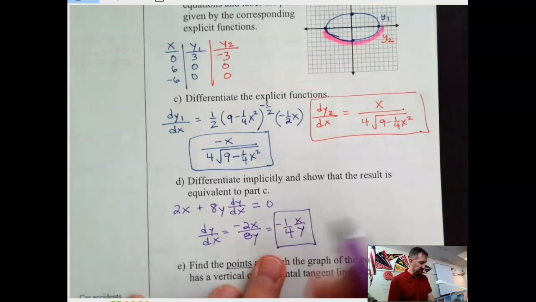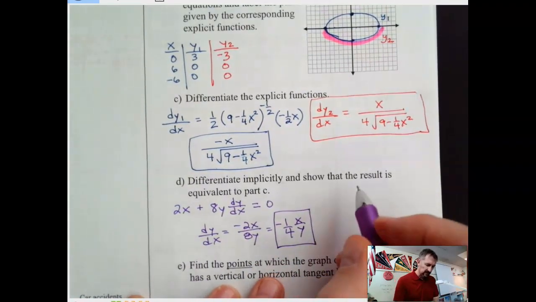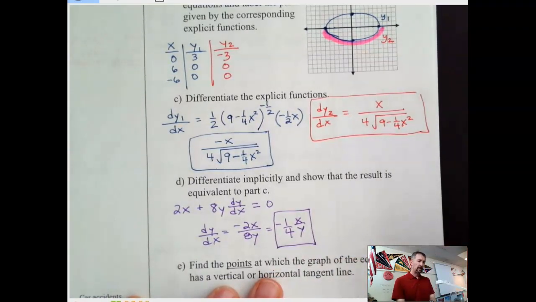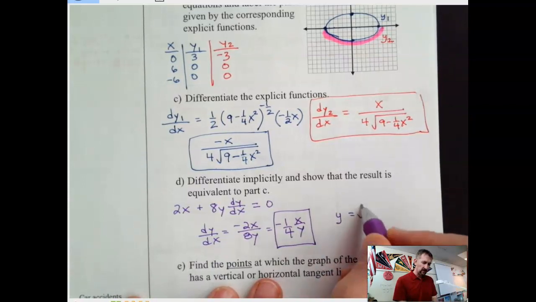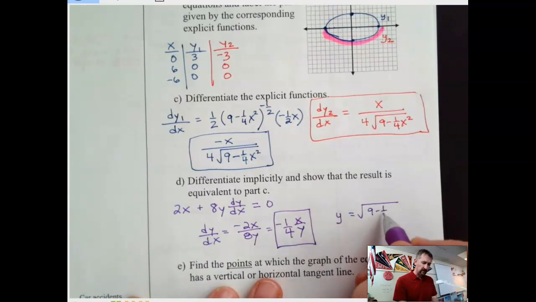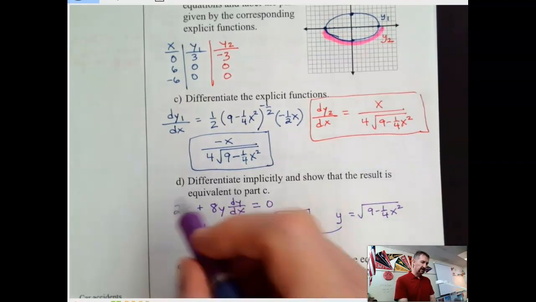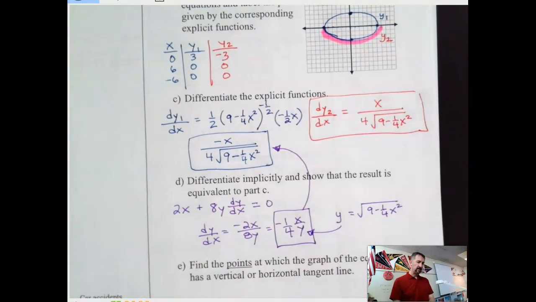So this is equivalent. y is equal to this. So, if we plug that in there, then we get that.